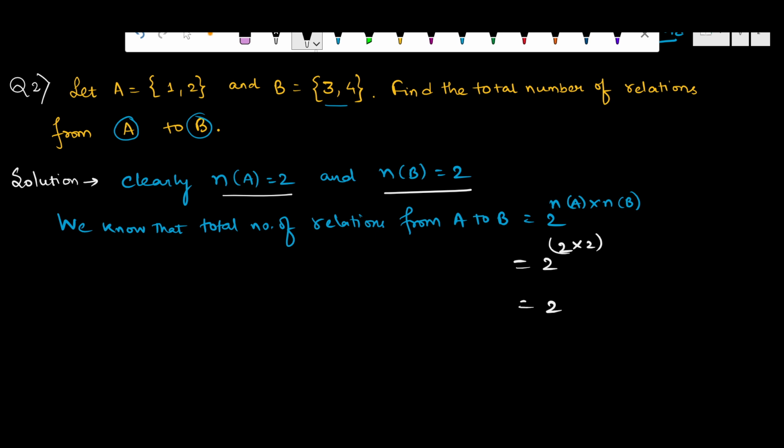This will be 2 to the power 4, which is equal to 16. Therefore total number of relations from set A to B is equal to 16. I hope this is clear to all of you.